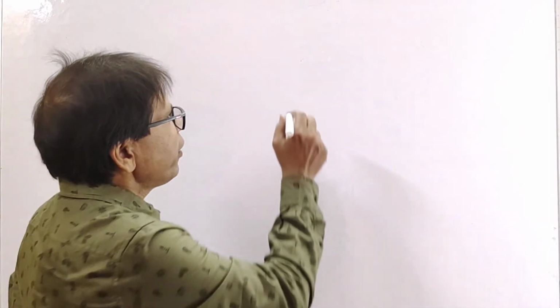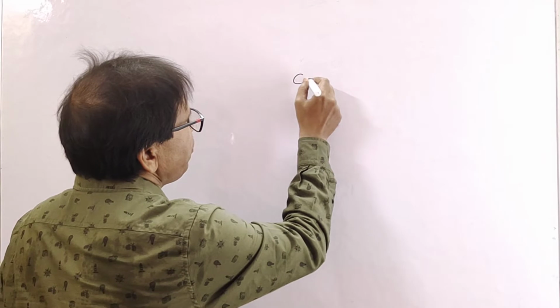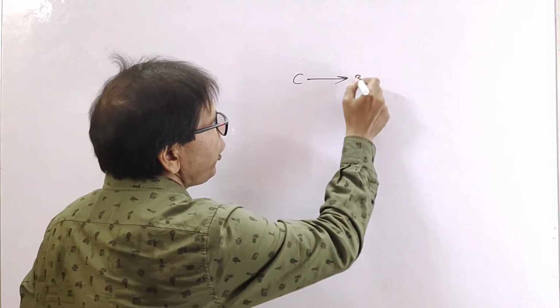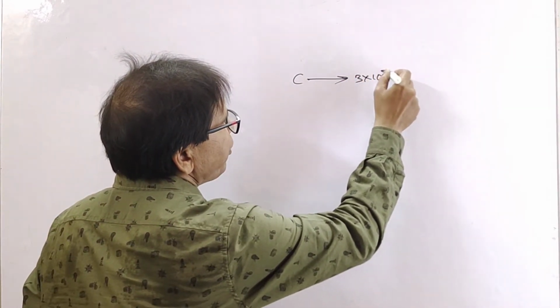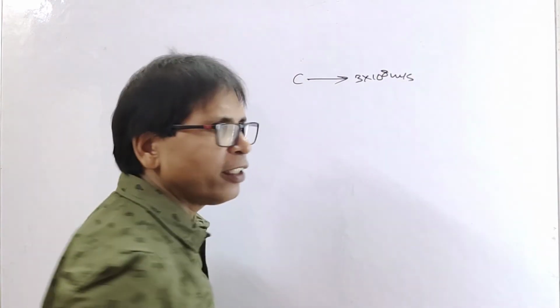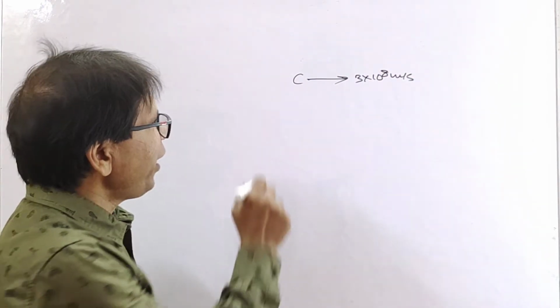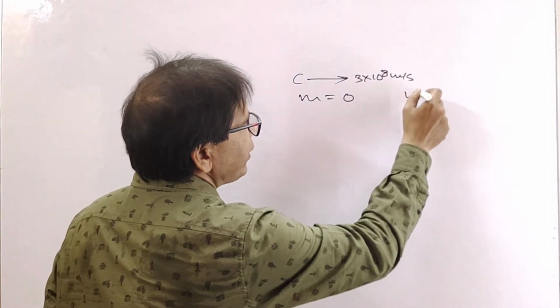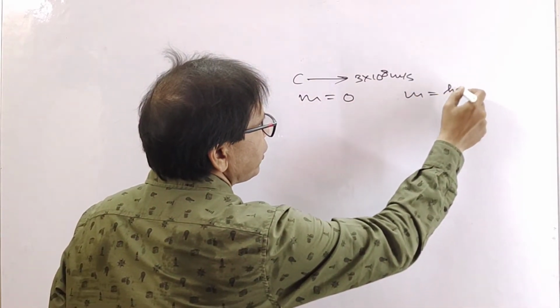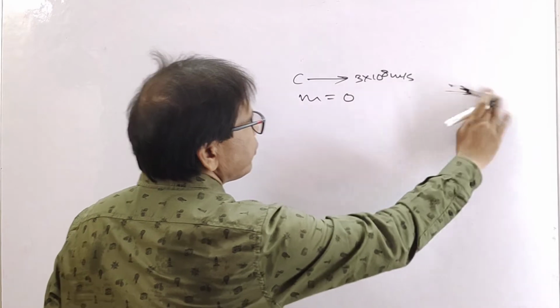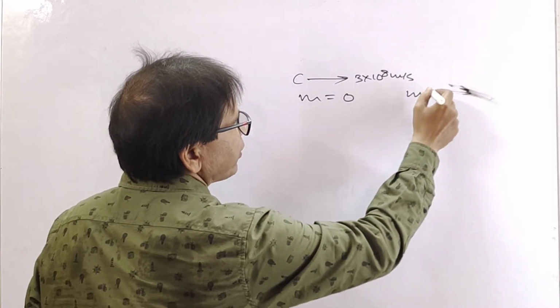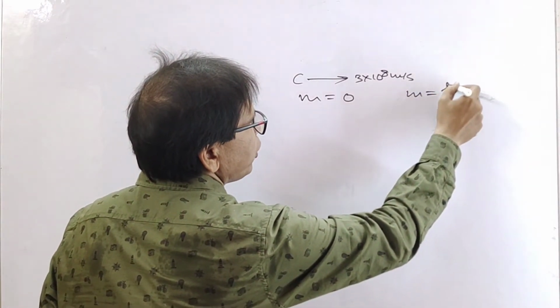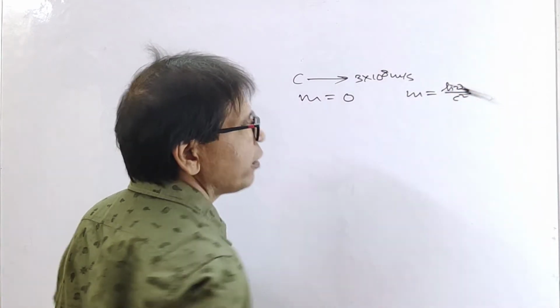Next, now properties of photon. Look at this, the velocity of photon in vacuum is 3 into 10 to the power 8 meter per second. The rest mass of the photon is equal to 0 and its dynamic mass is m equals h nu divided by c square.